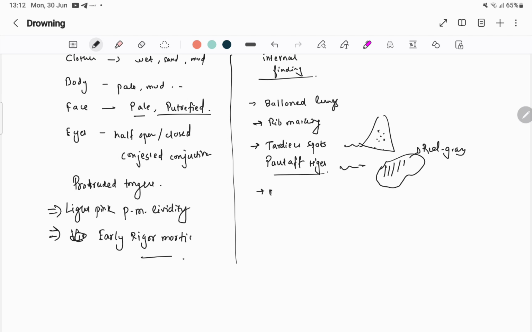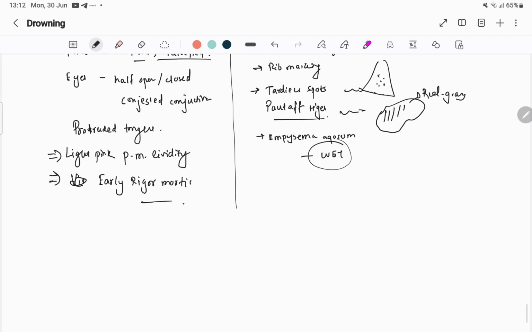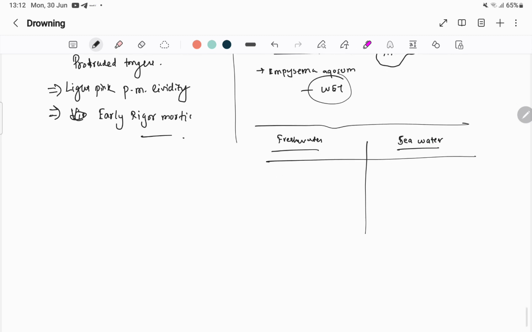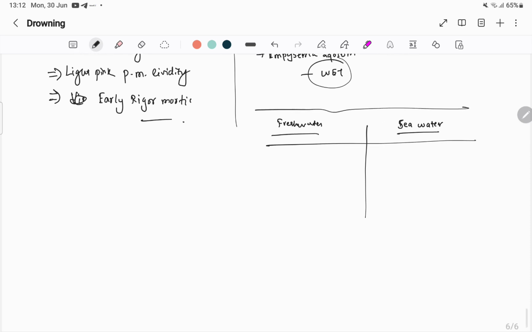And I told you about emphysema aquosum. In which drowning? Wet. Now the differences between freshwater and seawater. In freshwater, ballooned lungs.